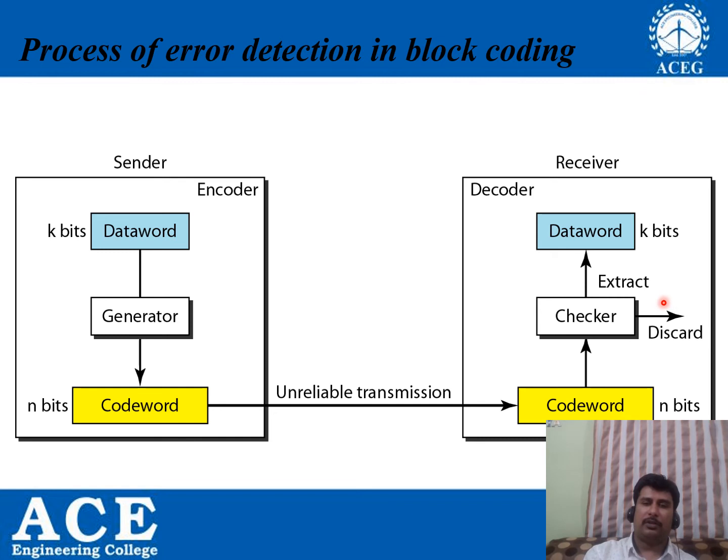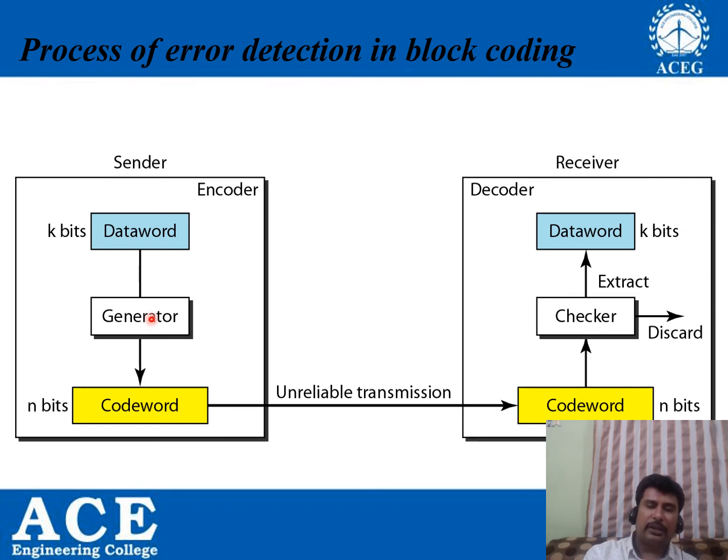Okay. Now we tried to discuss in our previous slide how we implement error detection in block coding. First step, divide the total message into smaller units called blocks, and the data in each block is referred to as a data word. So first we have a message which is divided into data words, each of length k bits, and using those k bits of data word, we generate r bits of redundancy.